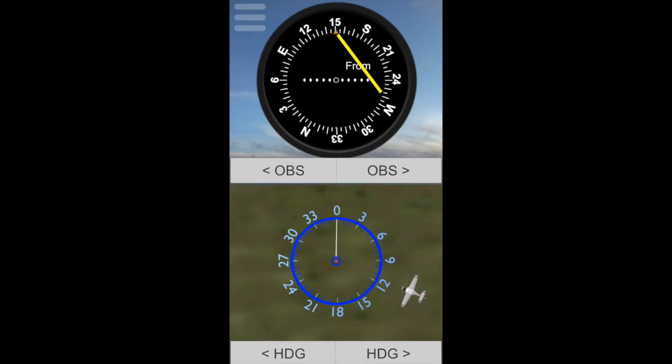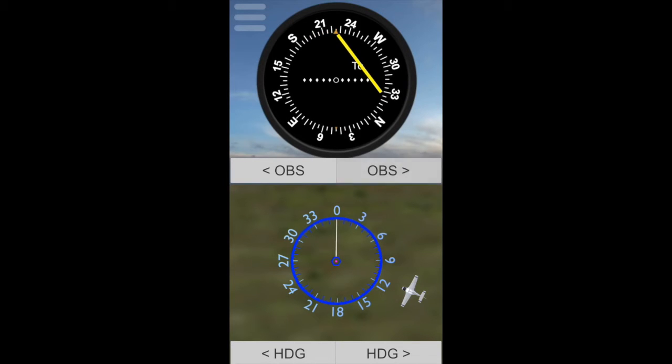This is very important for you to visualize or understand the concept of from and to based on the selected radial. Select any radial you like. Select the 240 without moving the aircraft. What's happening here? 240 plus or minus 90. That would be 150 and 330.